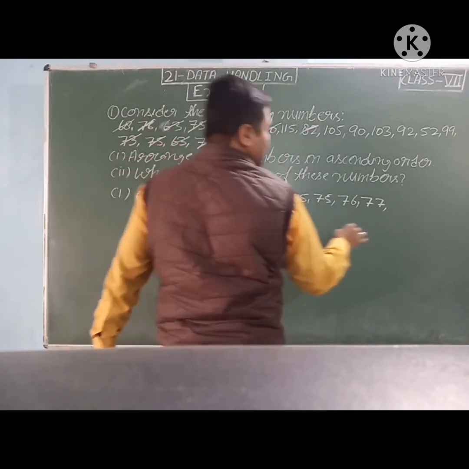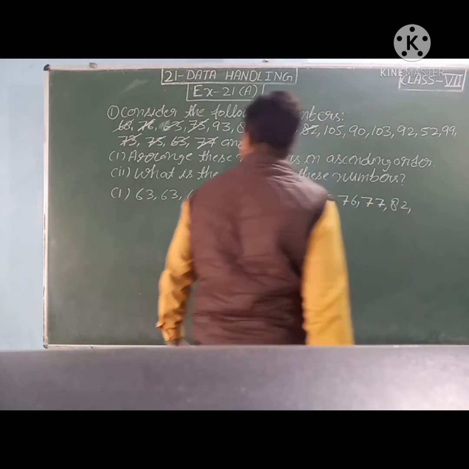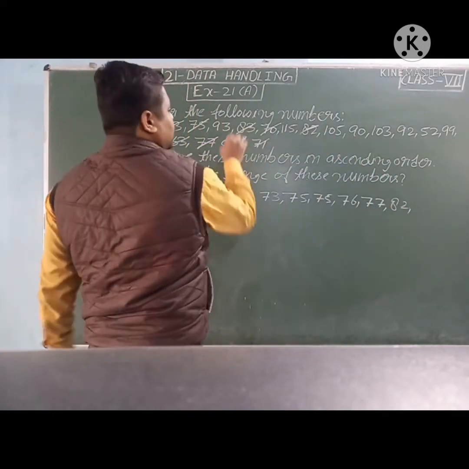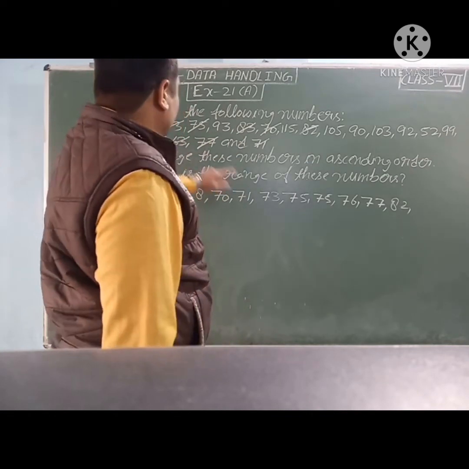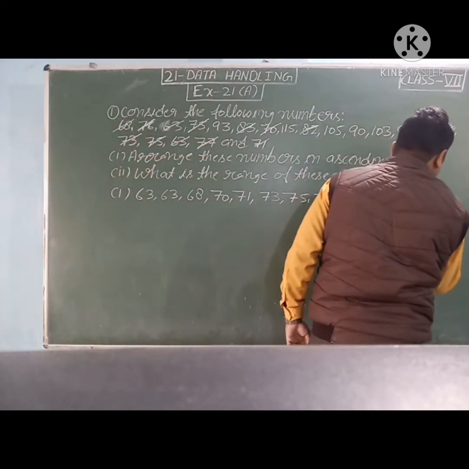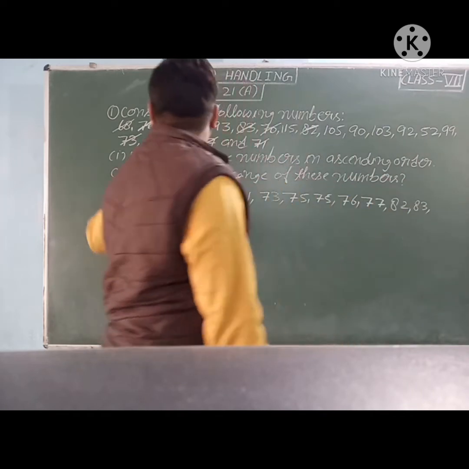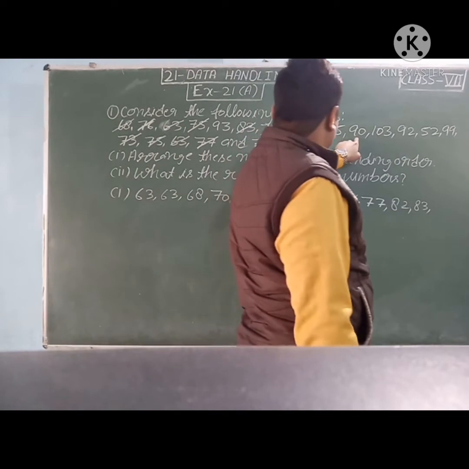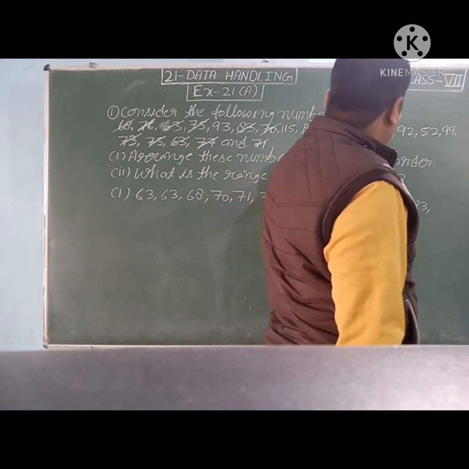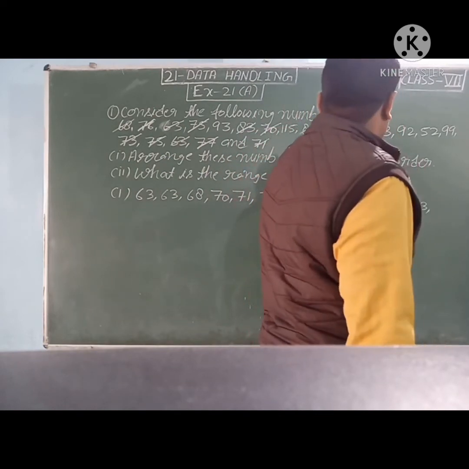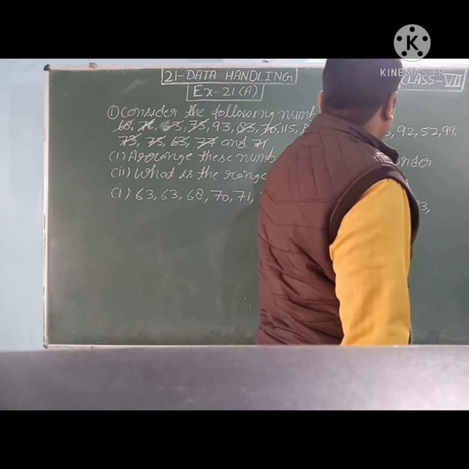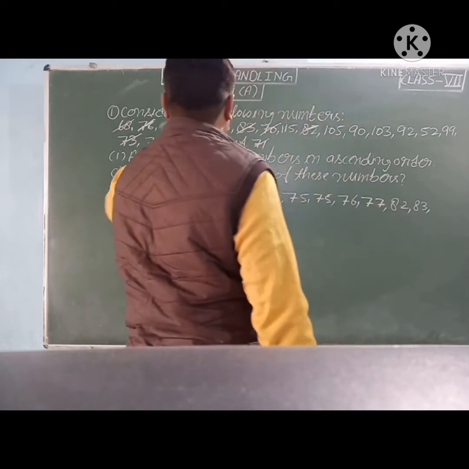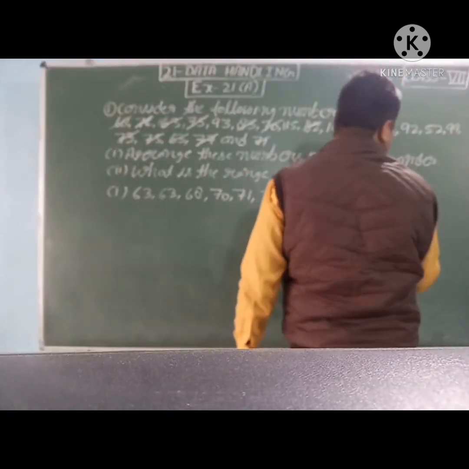Then after 82, 83. Only 1, so we will write here 83. Then after this 93, 90. Yes, students, we will take 90.